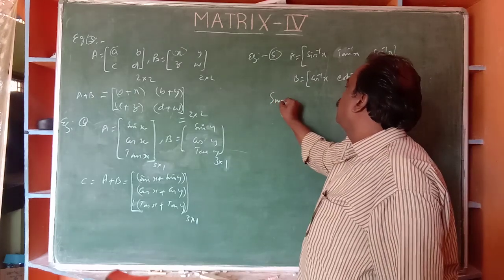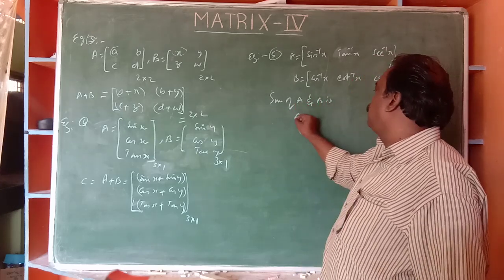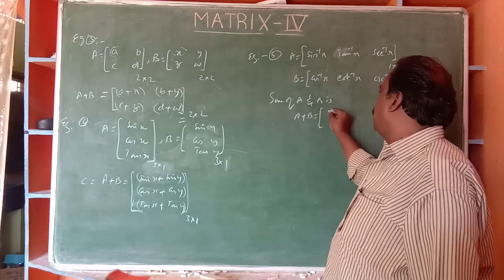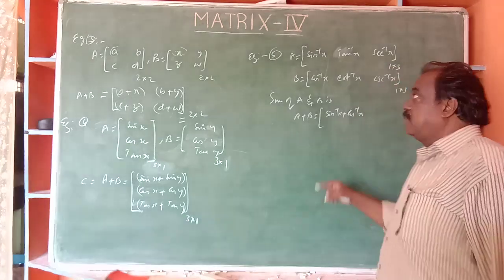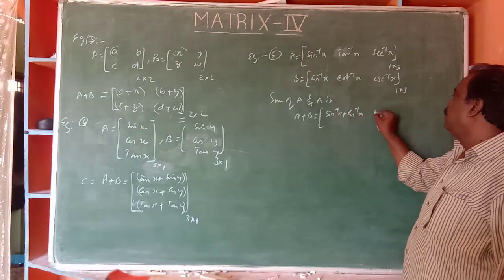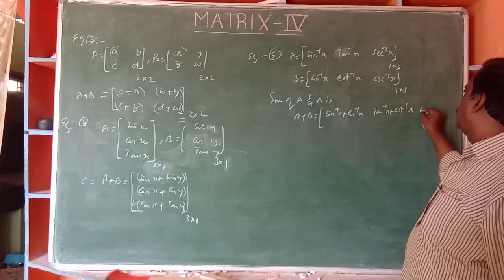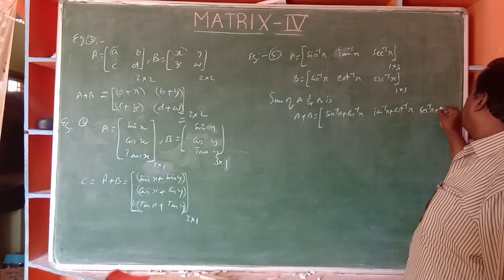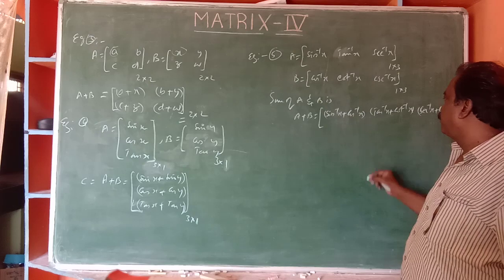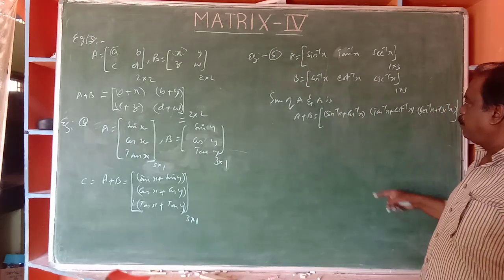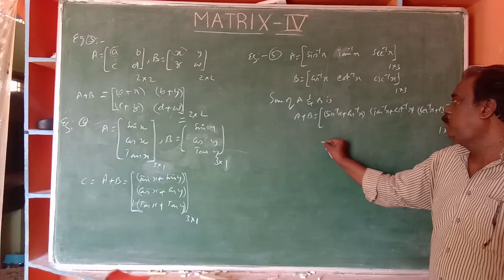Now the sum of A and B: A plus B is sin inverse x plus cos inverse x, the corresponding elements added, tan inverse x plus cot inverse x, secant inverse x plus cosecant inverse x. There are 3 terms, 1 row, 3 columns, 1 by 3.